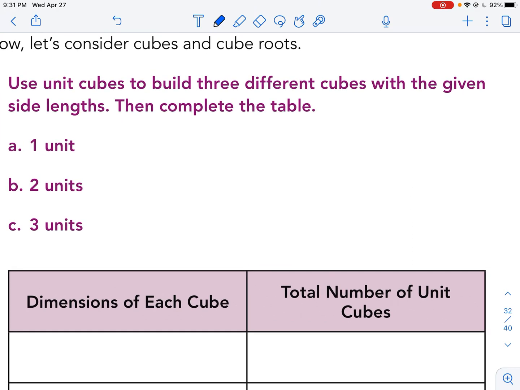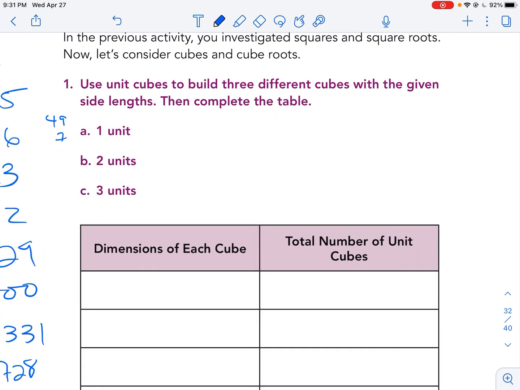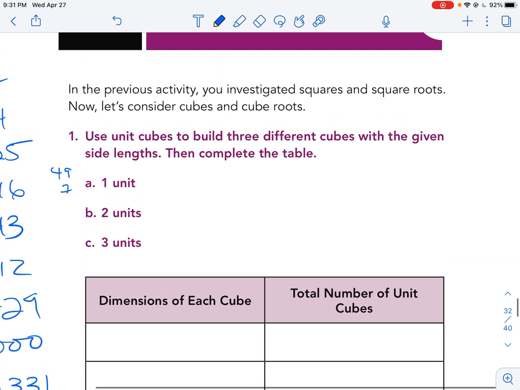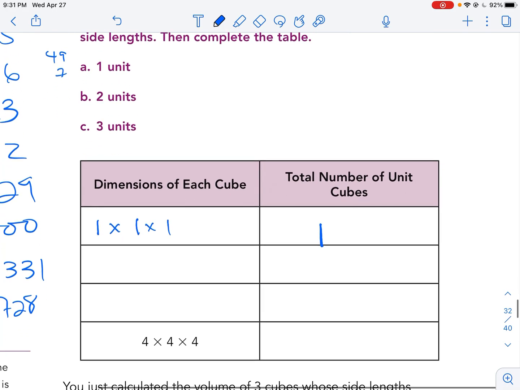So use unit cubes to build 3 different cubes in the given sides. Okay? So build unit cubes. So if I had 1 times 1 times 1, I would have 1. If I had 2 times 2 times 2, I would have 8.